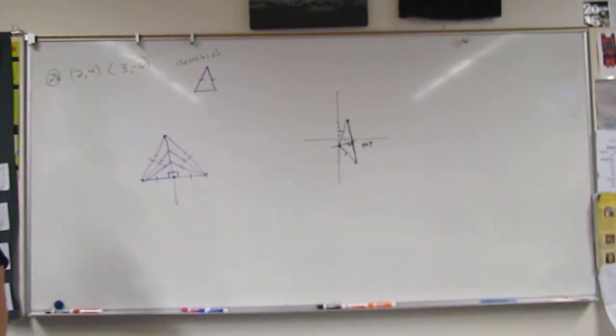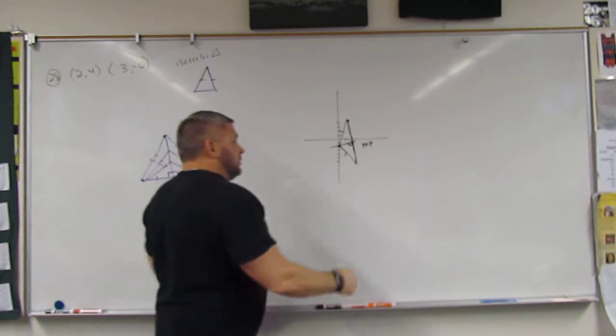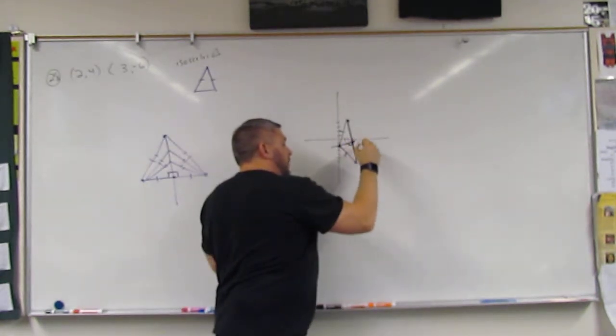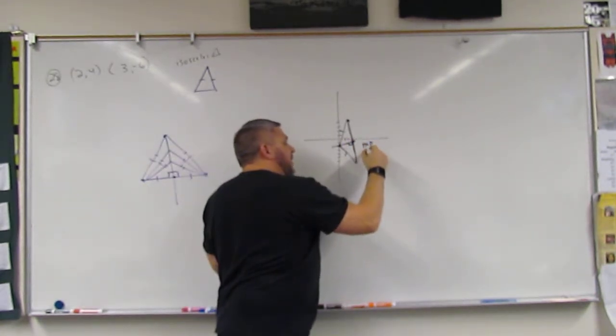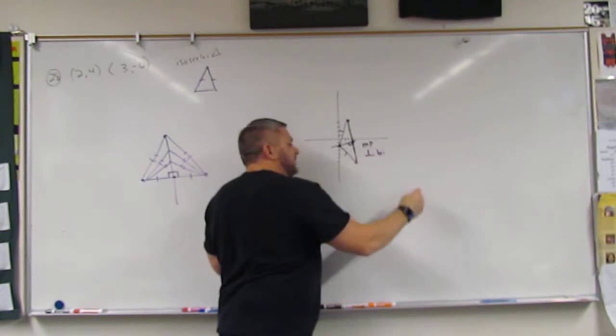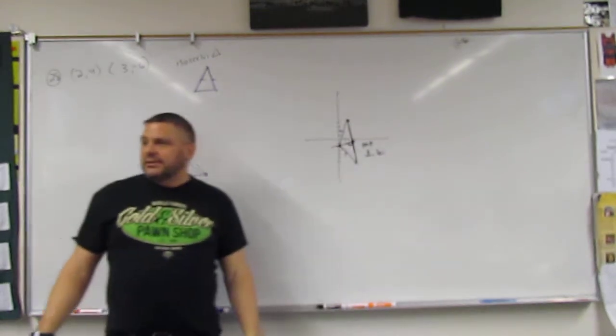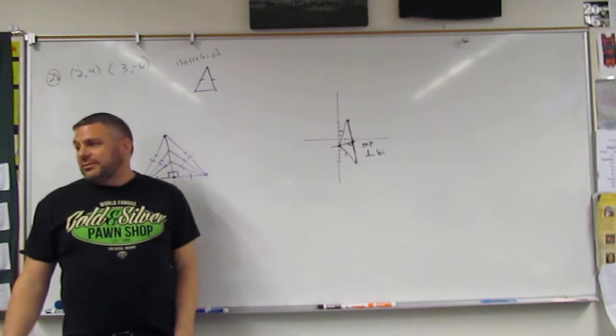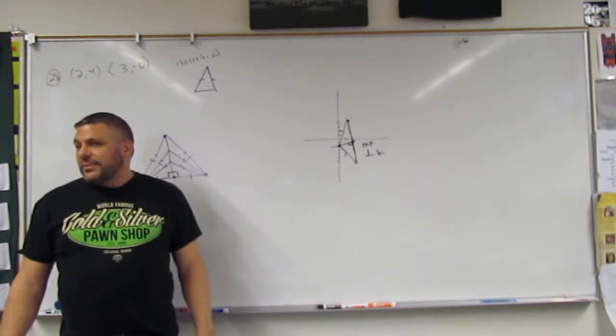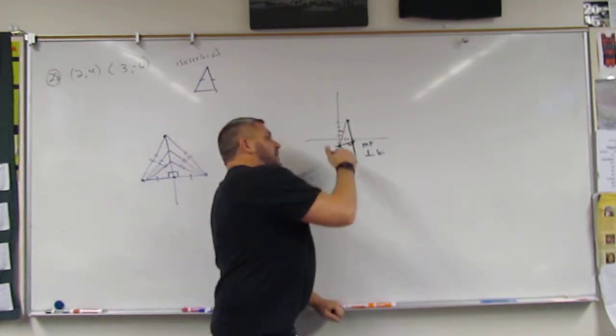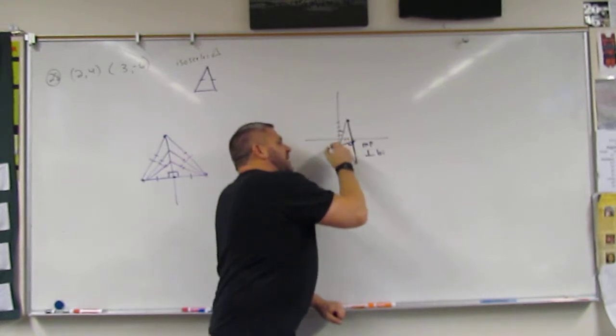Where did you get that from? The midpoint. Okay. Then a perpendicular bisector of the midpoint. Then we got to find the y-intercept of that line.